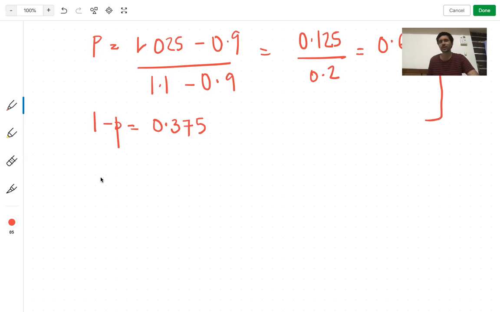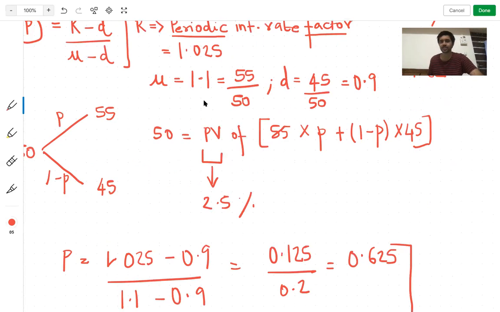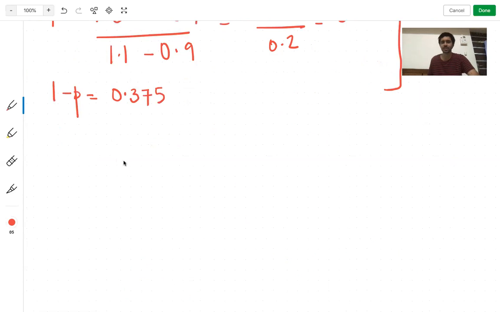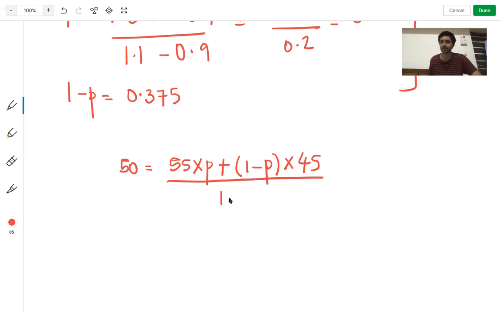Now let's quickly have a look at the derivation of that formula. If you take a look at this formula, 50 is equal to present value of 55 into P plus 1 minus P into 45. I'm just rewriting that formula. 50 is equal to 55 into P plus 1 minus P into 45, the whole divided by 1.025, right?